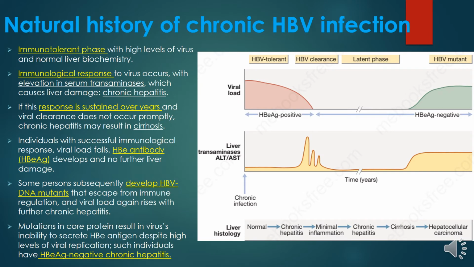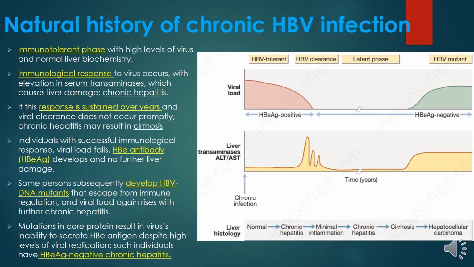The natural history of chronic hepatitis B virus infection shows an immunotolerant phase with a high level of virus and normal biochemistry, as shown on the right side upper graph with yellowish discoloration. An immunological response to the virus occurs with elevation in serum transaminases, which causes liver damage and chronic hepatitis, as shown in the lower graph.